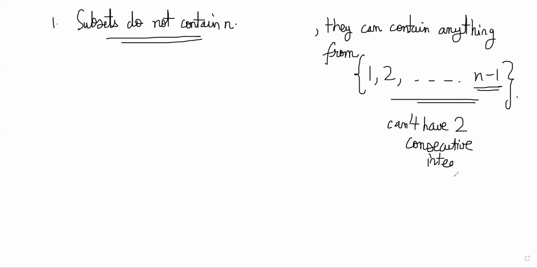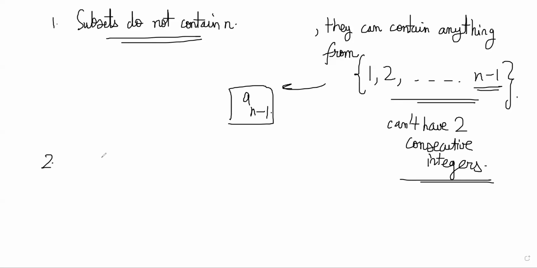So this boils down to solving the problem for A(n-1), which is like solving a problem with n minus 1 elements instead of the starting n elements. That is case 1.